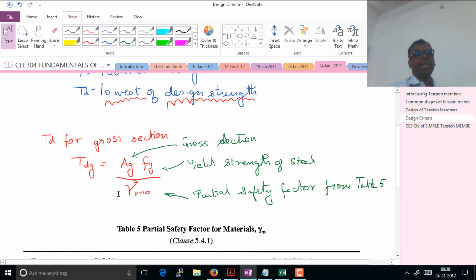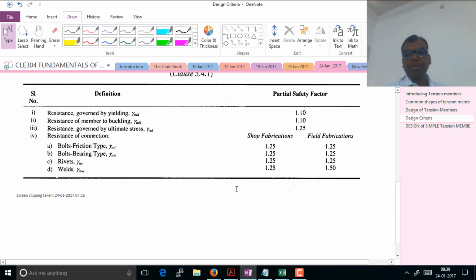T_d, that is the design strength due to cross section failing, would be area of cross section times f_y, that is the yield strength, divided by gamma m0. Now gamma m0 is from Table 5. If you remember, this was discussed.